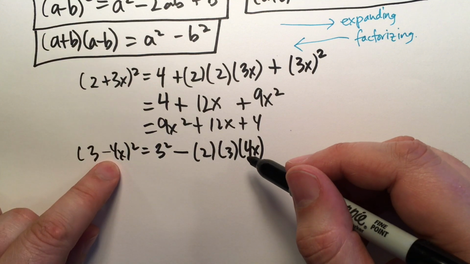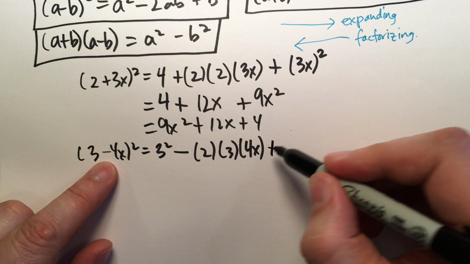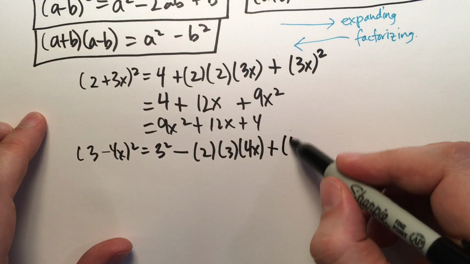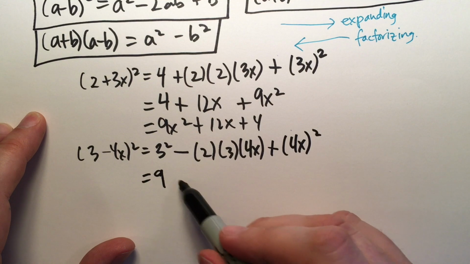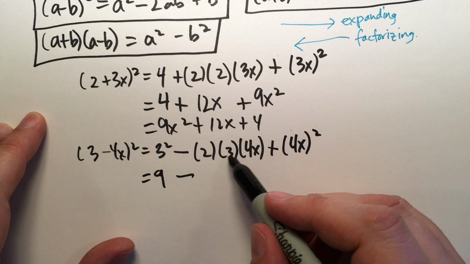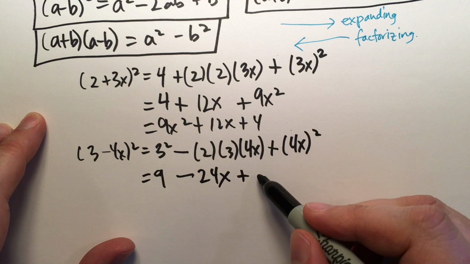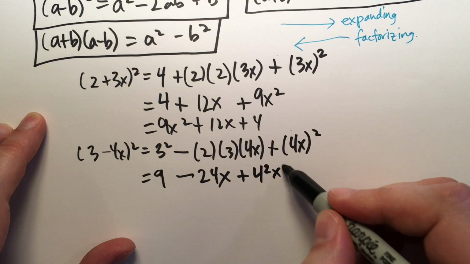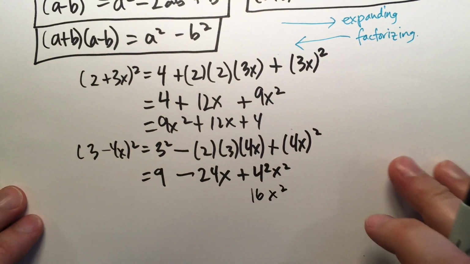The minus sign here is the minus sign there. Okay. And then we're going to add b squared. So writing that out, we get 9 minus 6 times 4 is 24x plus 16, so 4 squared x squared, which is going to give us 16x squared. Okay.